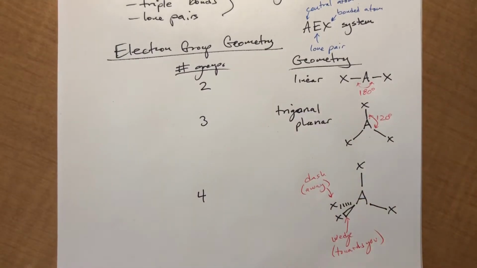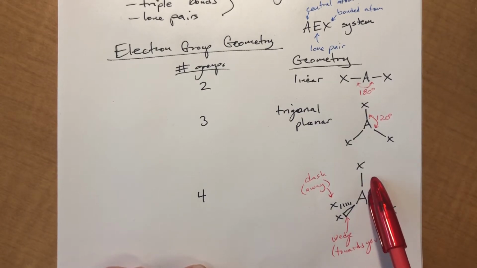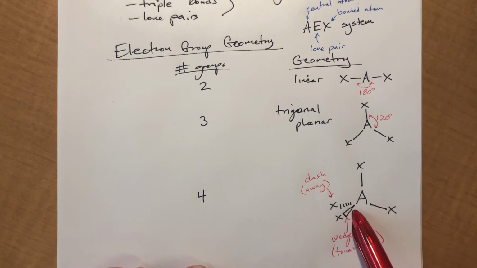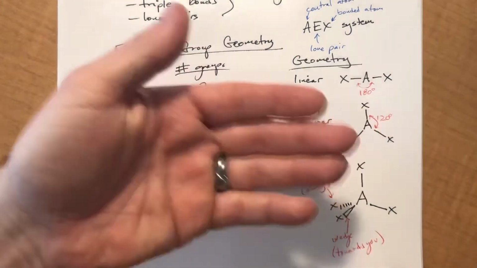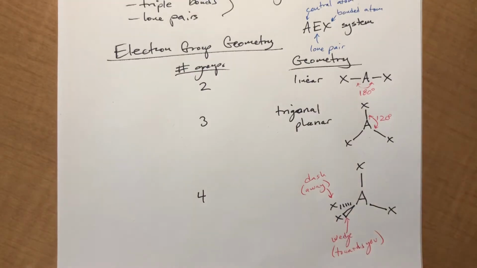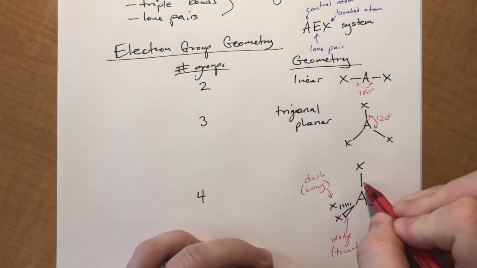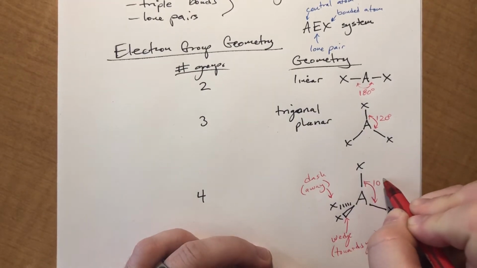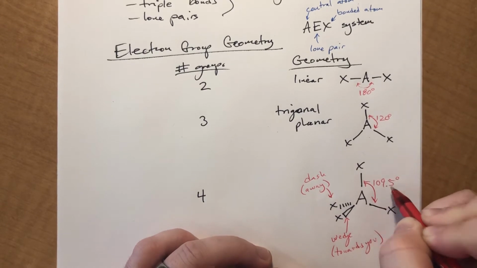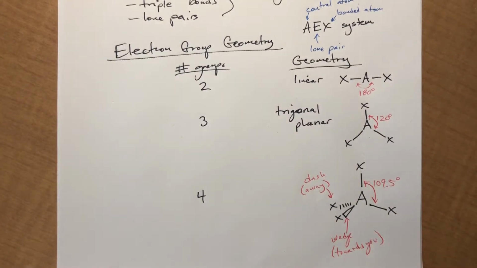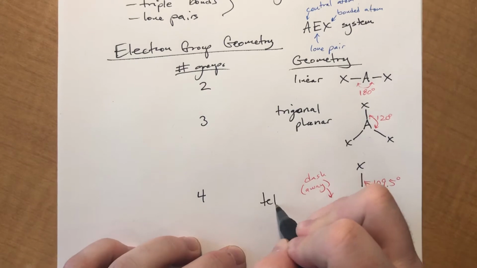So this one's straight up, this one is down at not quite 120 degrees. These ones are at the same angle, but they're not in the plane of the paper. This is pointing towards you and this is pointing back. And the bond angle for this actually comes out to be 109.5. This is called tetrahedral.